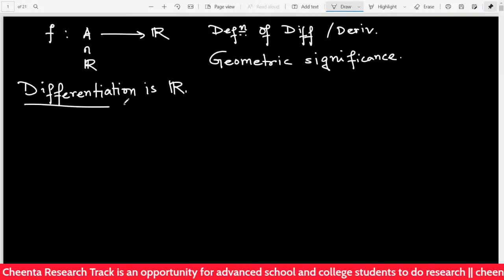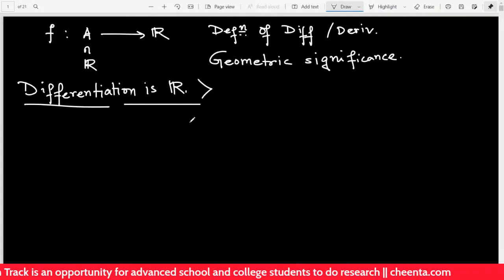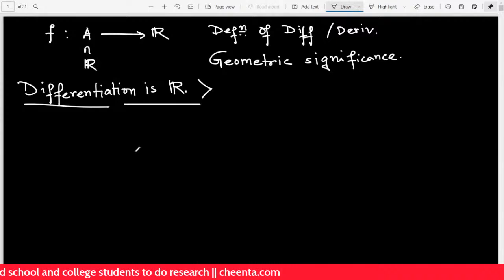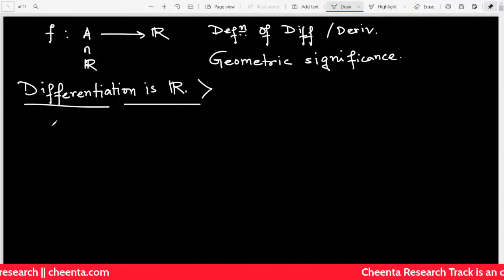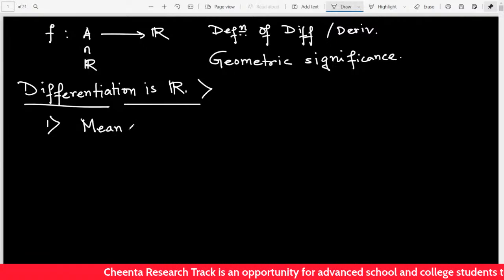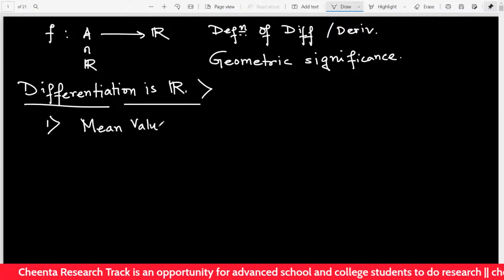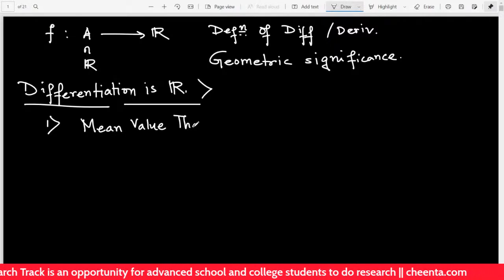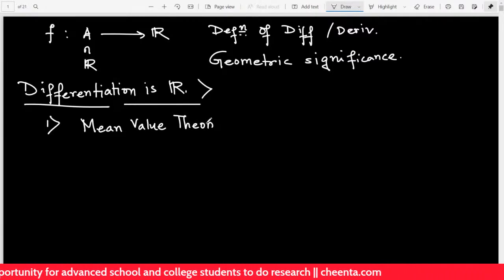So if you look at previous year questions from differentiation, there are practically three key areas where problems actually come. The first thing is the mean value theorem.